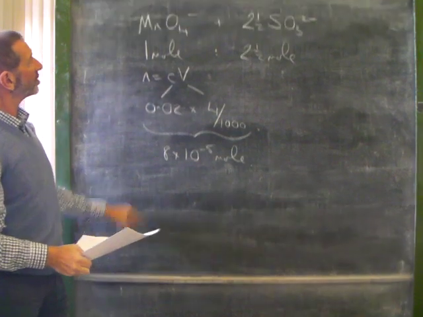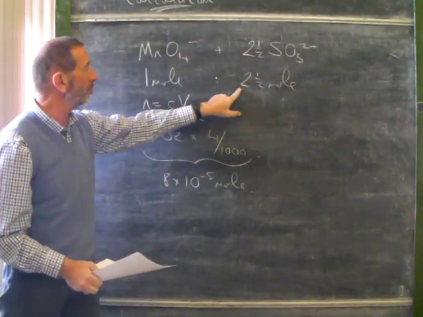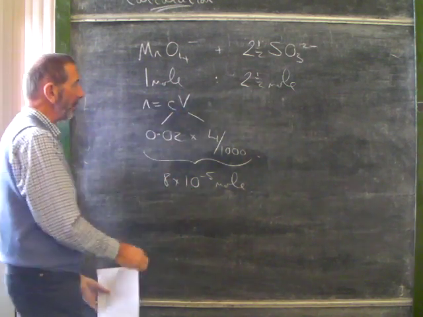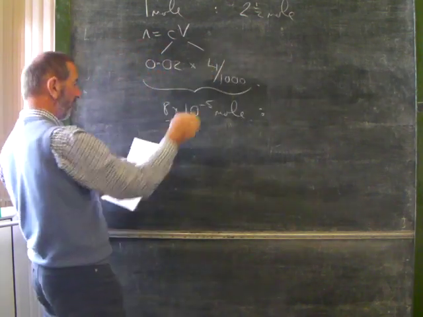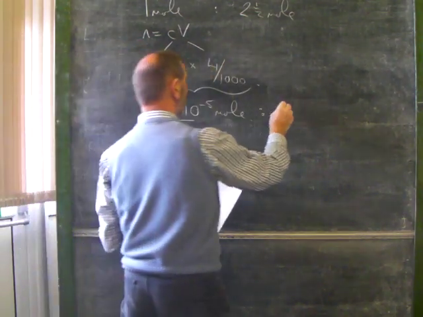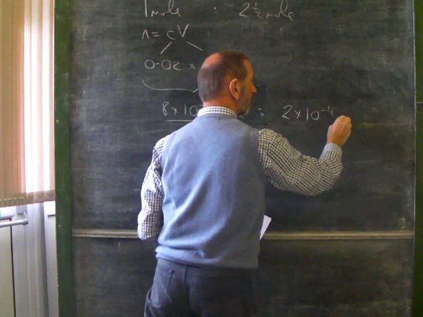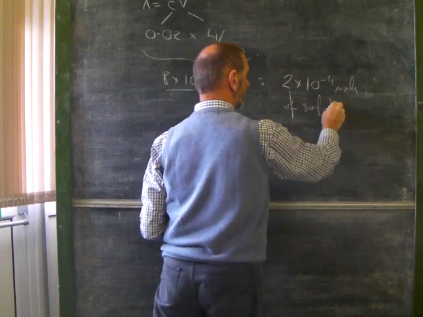But if we apply this 1 to 2.5 ratio, there must be 2.5 times more sulfite than permanganate. So if we've got that amount of permanganate, multiplying by 2.5 gives us 2 times 10 to the negative 4 of a mole of sulfite.